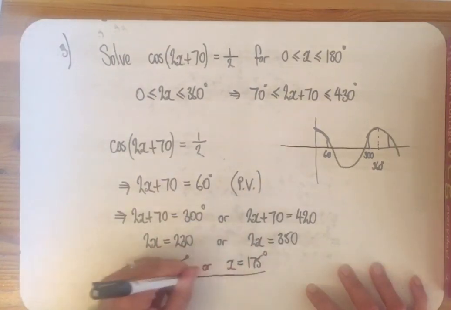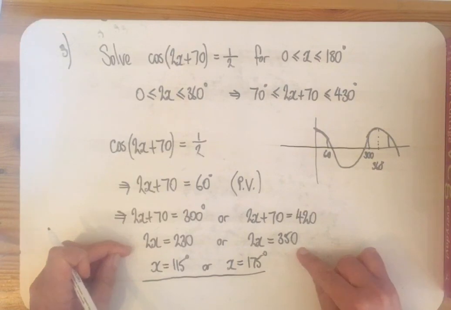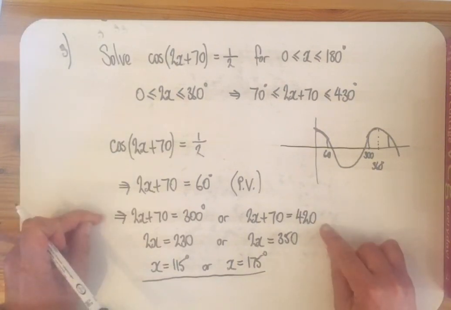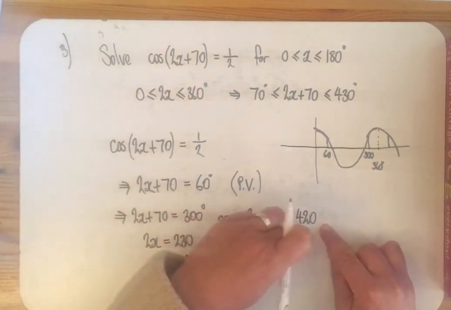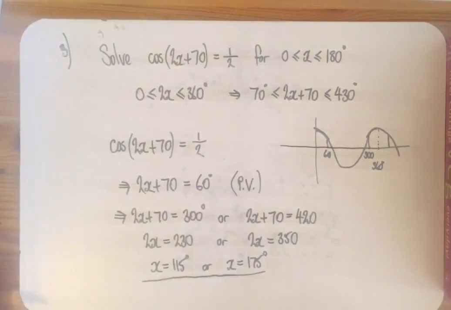So you can sort of think about following all the way back through there. If you times by 2 and add 70 and then do cos of these, you'll get a half. And that's why this order is really, really important. Okay, I'll give you a few of those to try.